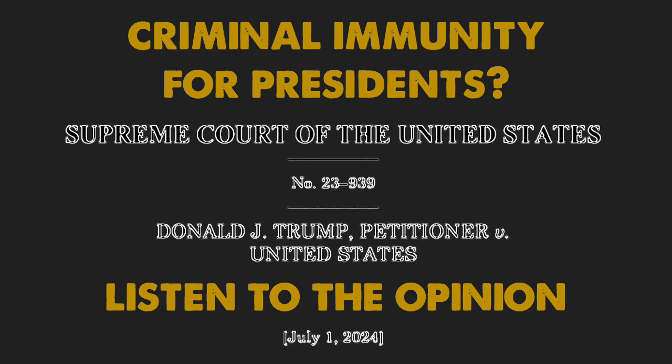If the plan worked, the submission of these fraudulent slates would position the Vice President to open and count the fraudulent votes at the certification proceeding and set up a fake controversy that would derail the proper certification of Biden as president-elect. According to the indictment, Trump used his campaign staff to effectuate the plan.